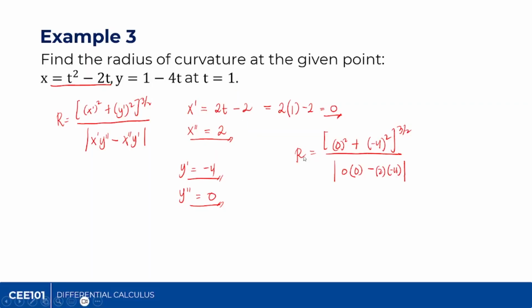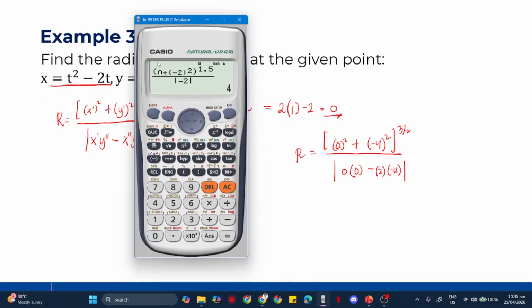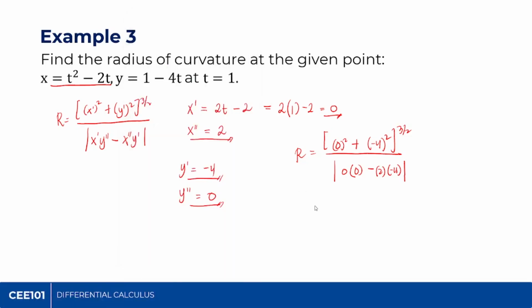Then we'll be solving this one using our calculator. Therefore, we have here, okay, 0 plus, okay, negative 4 squared raised to the power of 3 halves, or 1.5. Okay, and then that is shift hyp absolute value 0 minus 2 times negative 4. Okay, then press equal, you would get 8.